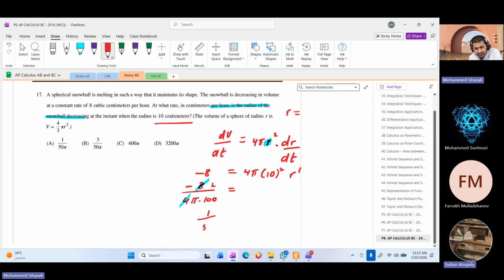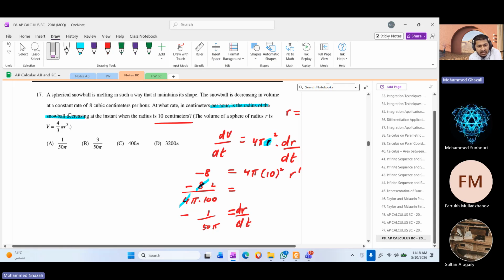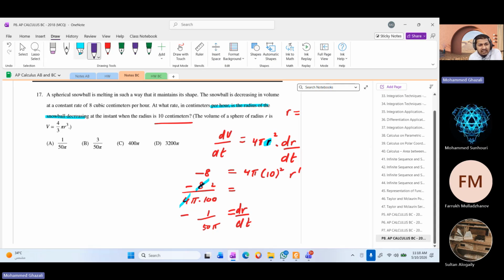So you're going to have 1 over 50 pi. That's dr/dt, and that's negative. Negative means decrease. So dr/dt is decreasing at this rate. Because they said the snowball is decreasing, it's already negative, so you only want this part of the answer. Okay, so the magnitude only.